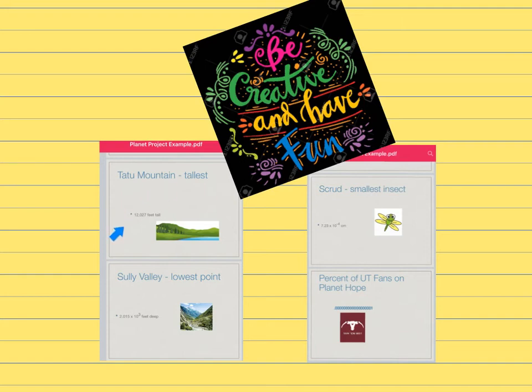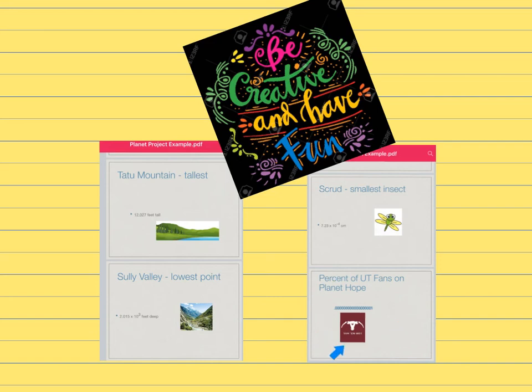Also, one of the features was your tallest and lowest point on your planet. They could be on separate slides or the same slide. It's up to you. Something that's interesting would be the smallest insect on your planet. If it's super tiny, again, that could be a scientific notation number that has a negative exponent because it's so tiny.